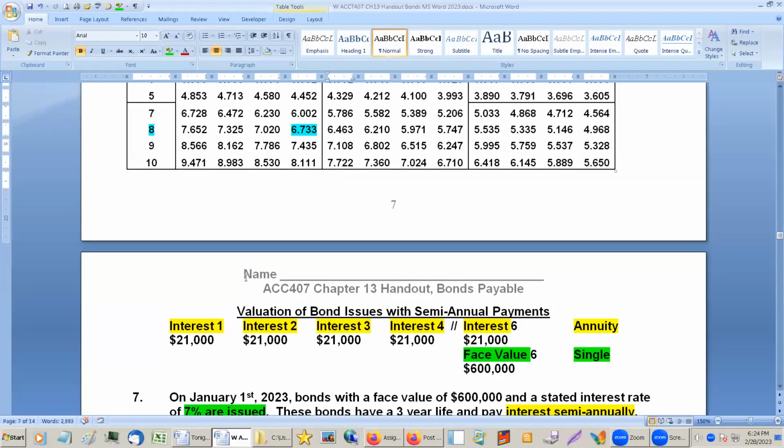If you get rid of $600,000 worth of debt by buying it back for $400,000, you just had a $200,000 gain. Now, if it goes the other way, you don't want to buy them back. They'll be more expensive to buy back. But if the interest rate goes up, bonds are worth less, and sometimes they can buy them back.